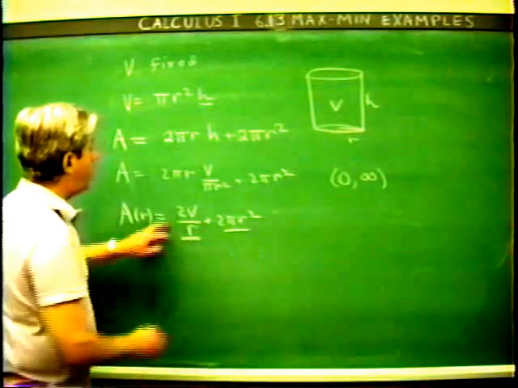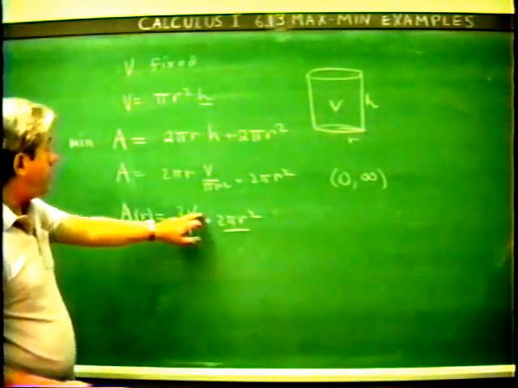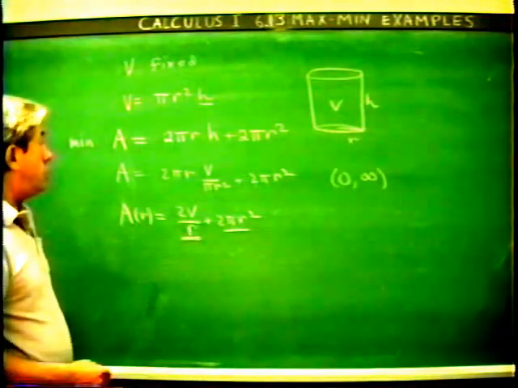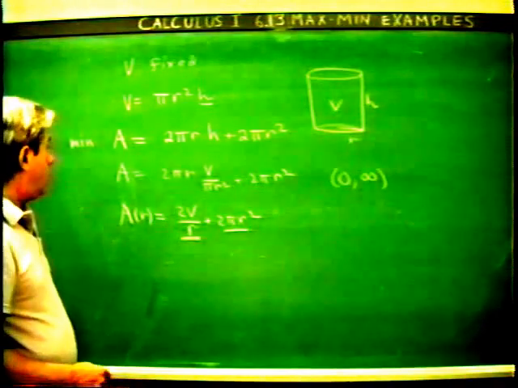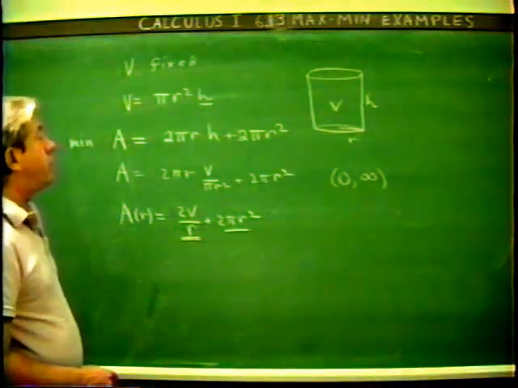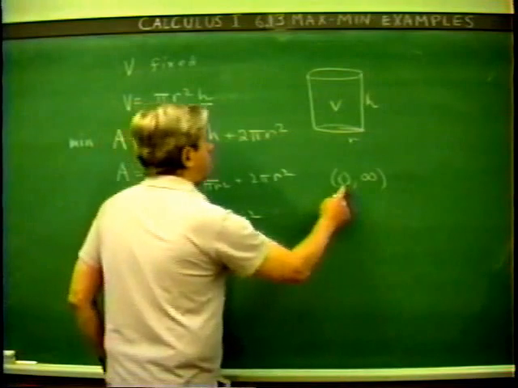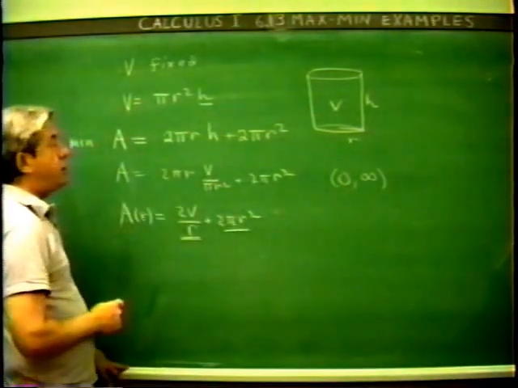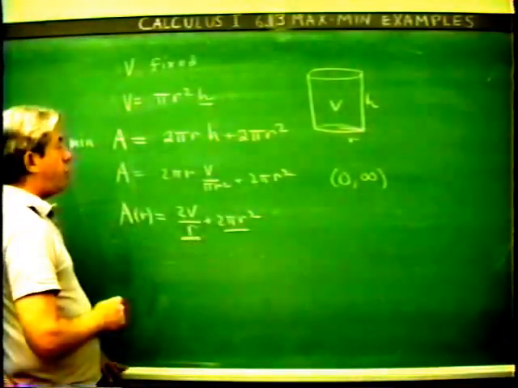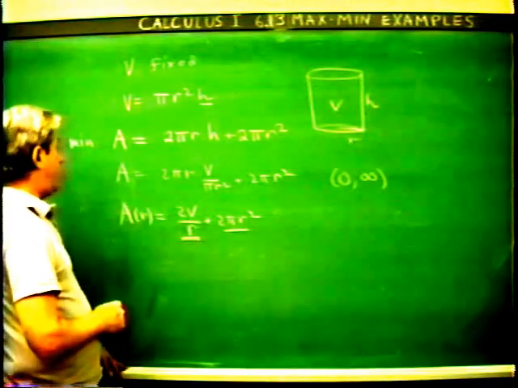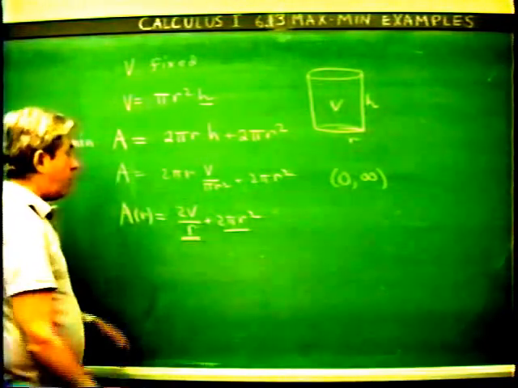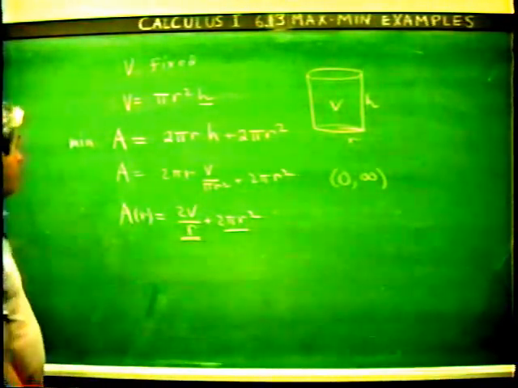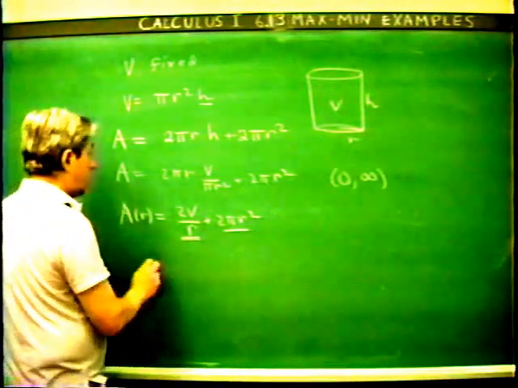That's clear from this. And when r is very small, the area is going to be very large also, from 2V over r becoming large. So the minimum is not going to occur for either large values of r or for small values of r. It is going to occur somewhere in between.